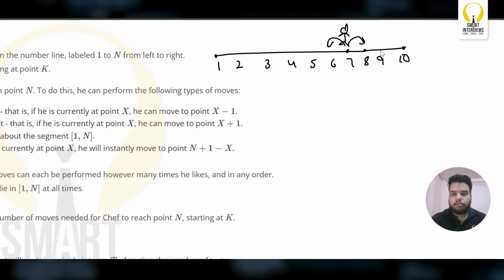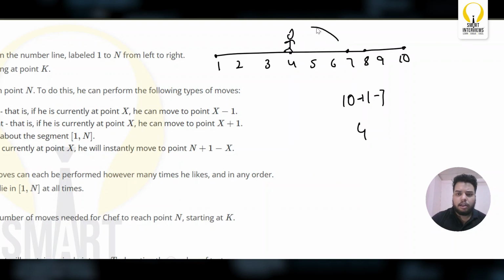So let's say Chef is at 7. If I mirror it, Chef will be at position 10 plus 1 minus 7. So 11 minus 7 is 4. So Chef is going to stand at 4 after mirroring at 7.